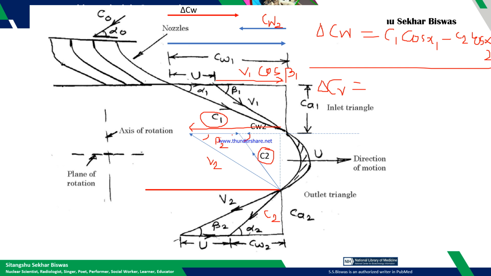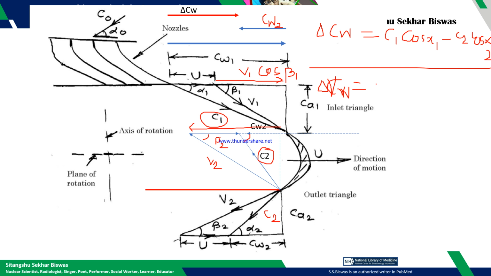So this component is V2 cos beta 2, and your del CV, or sorry, del VW, which is nothing but, from this drawing, VW1 is greater than VW2.